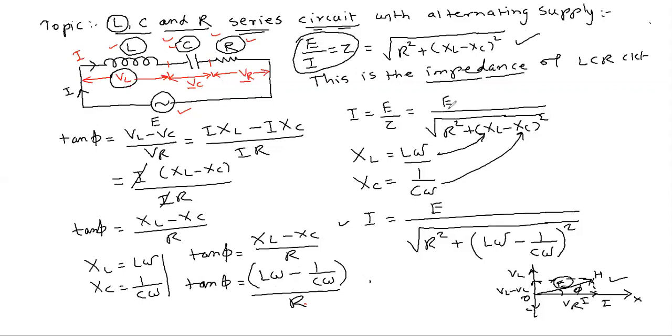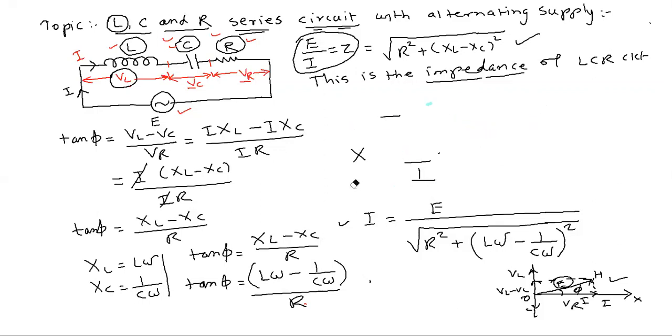Now suppose XL and XC are equal, the condition I am going to put here. What is that condition? Suppose XL is equal to XC.